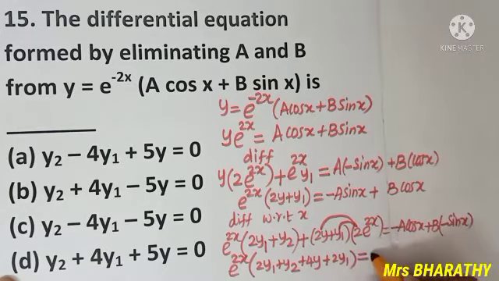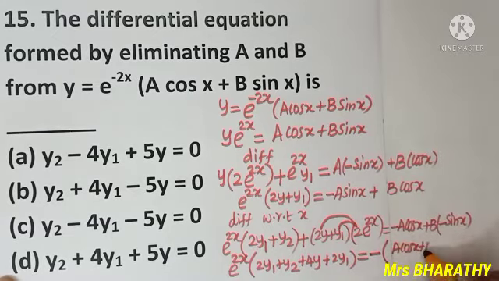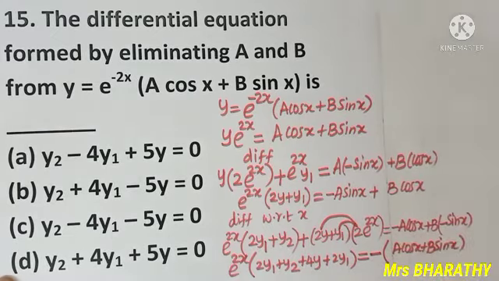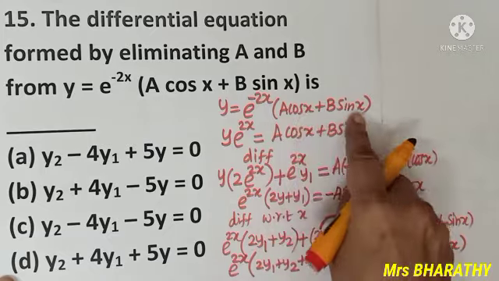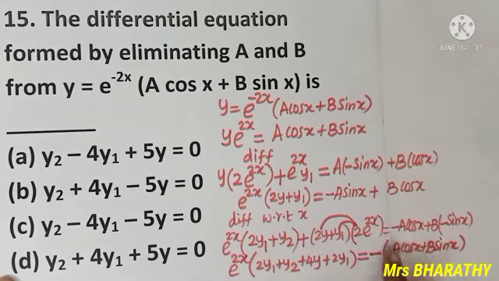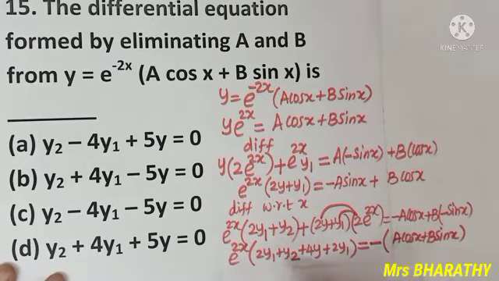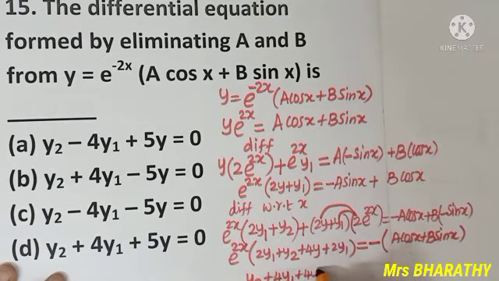RHS minus symbol is common, so I can take minus symbol and write a cos x plus b sin x. Referring to the given equation, a cos x plus b sin x is present here. So bring e power 2x to the other side. The bracket, as I simplify, it is y2, 2y1 plus 2y1, that is 4y1. And we are left with 4y.